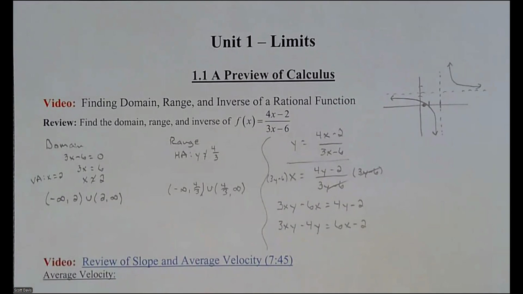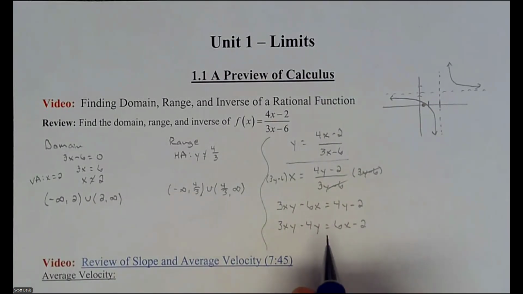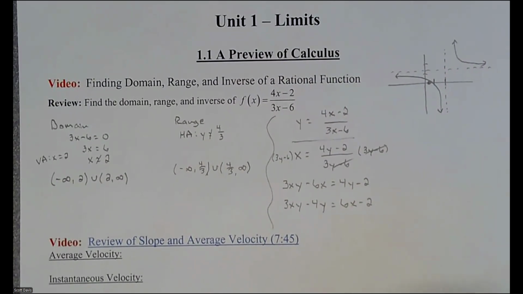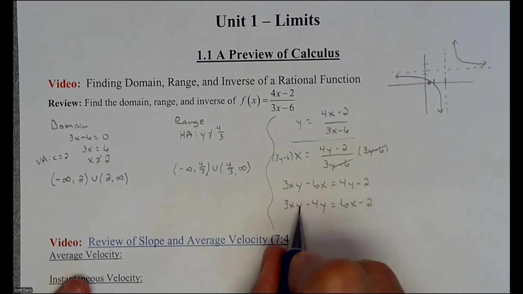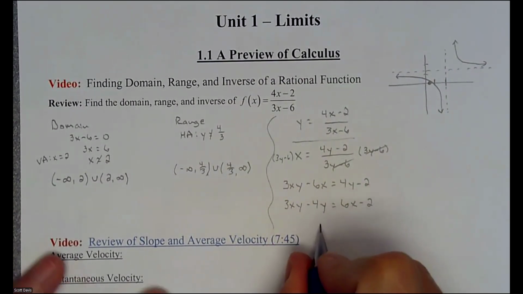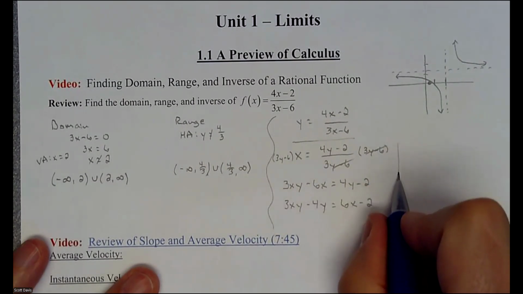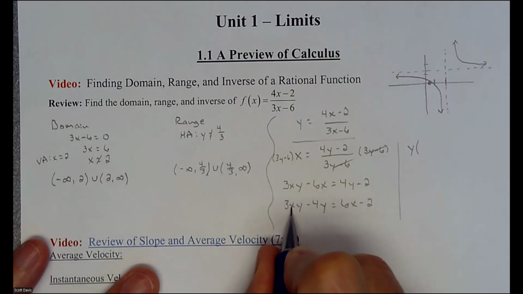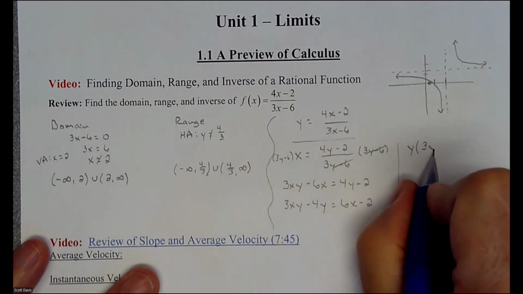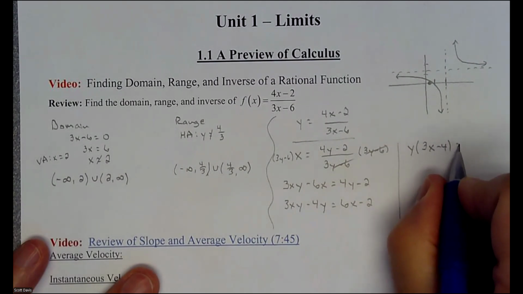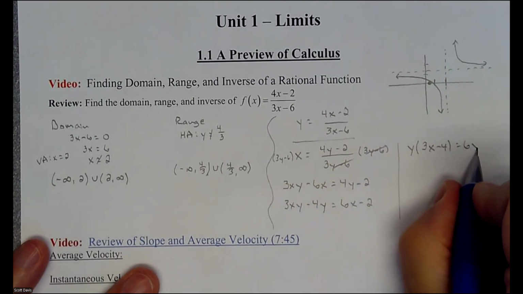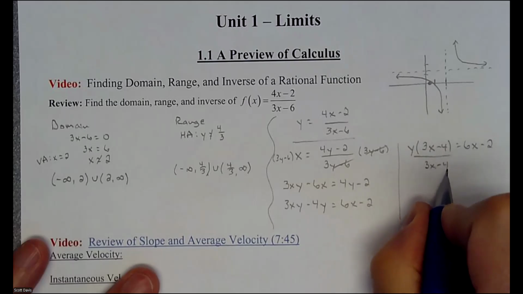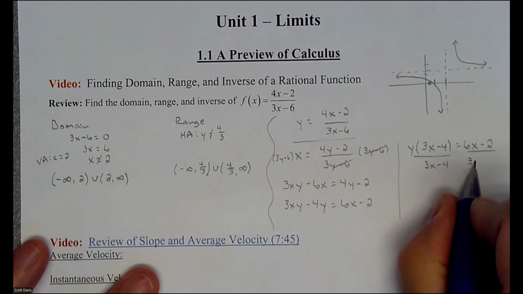Ideally, we'd have like terms we can combine, but we don't have that situation. The reason we put the y's on the same side is that now we have y in common, which allows us to divide the y out. If I factor a y out of these two pieces, I'm left with 3x minus 4. That took two y's and condensed them down to one. Then we divide this 3x minus 4 over to the other side, and now we've gotten the y isolated.